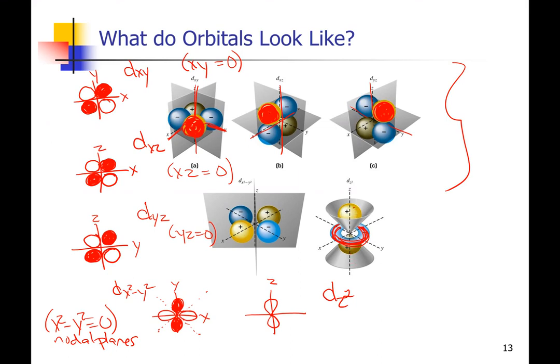If you were to do a perfect cross-section of that, even though you can't see it in this picture, it would still kind of look like a funky cloverleaf kind of shape, because it would kind of come in looking like that. And that's my best attempt to try and draw the dz squared.